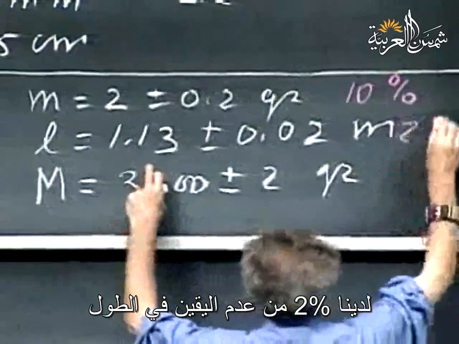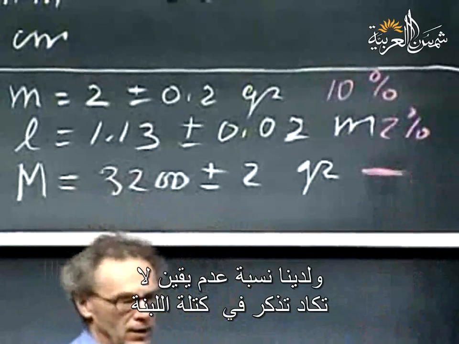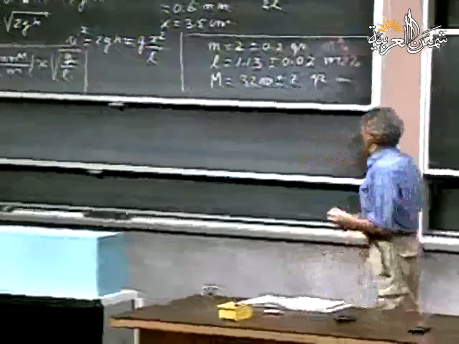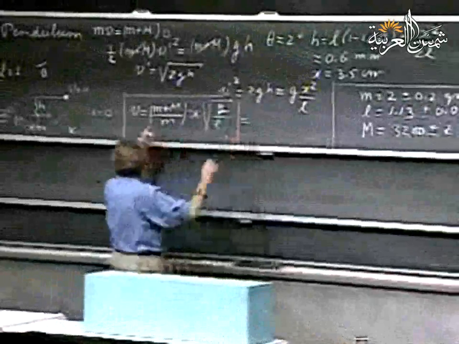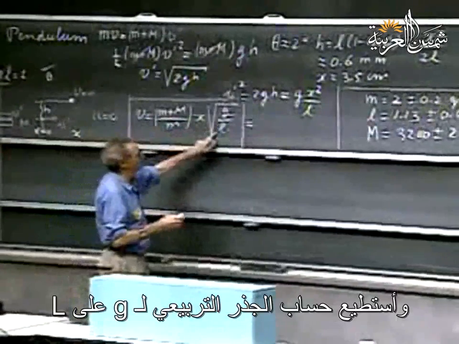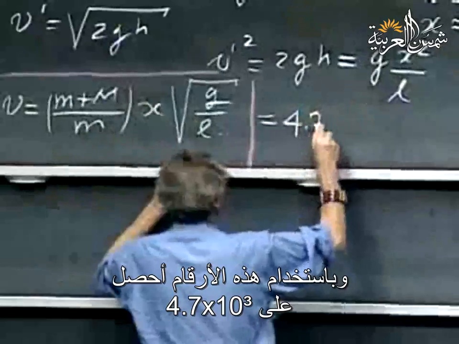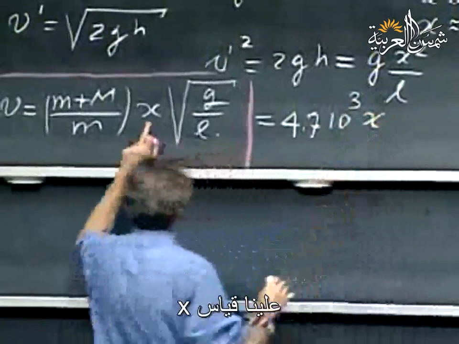We have a 2% uncertainty in the length, and we have a negligible uncertainty in the mass of the block. That's negligibly small. So if I want to know now what the speed of the bullet is, I can calculate what m plus M divided by m is. I can calculate the square root of g over l. And with those numbers, I find 4.7 times 10 to the third times x. We have to measure x.